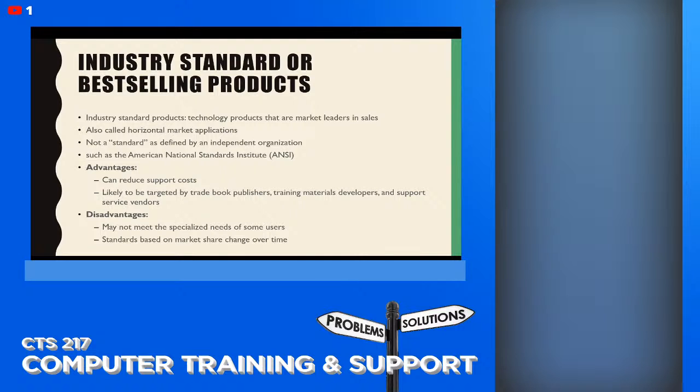Not only are they going to be the thing that's promoted the most, but they're also probably going to be getting the most regular updates because, if they're the market leader, they're making sales and generating revenue, and that can be put back into product development. And also, they're going to have the most widely available support structure.